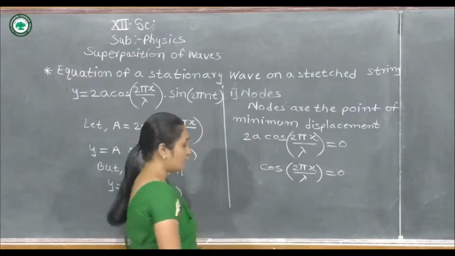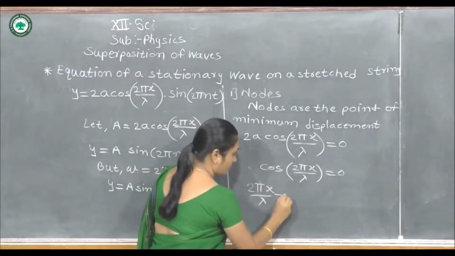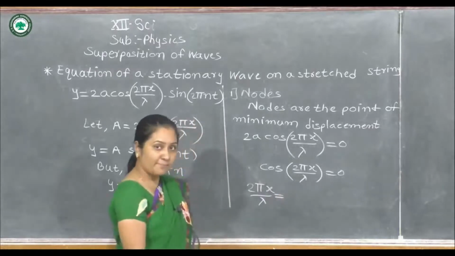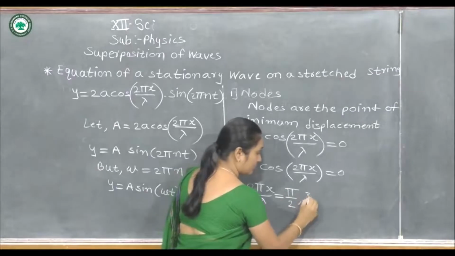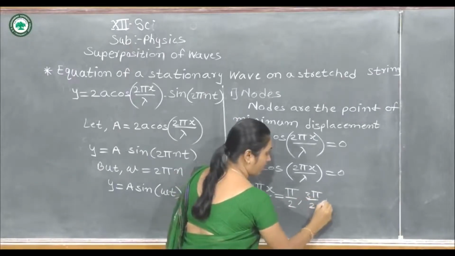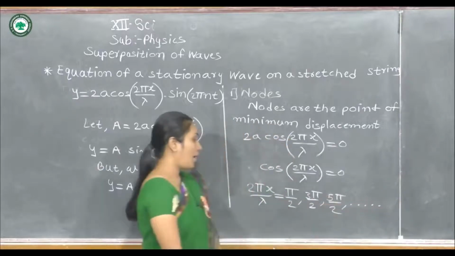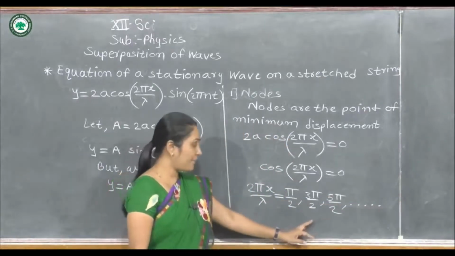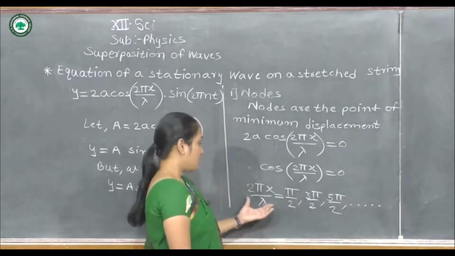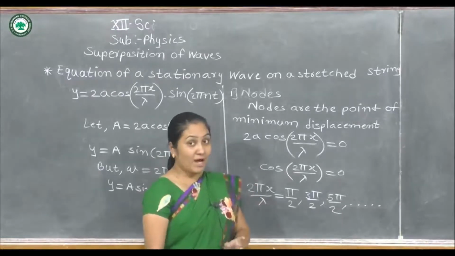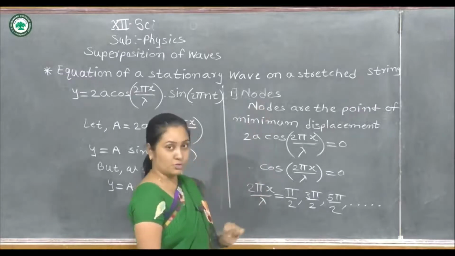So from this we have 2 pi x upon lambda equal to pi by 2, 3 pi by 2, 5 pi by 2 and so on. So from this we can find out the different values of x for nodes.